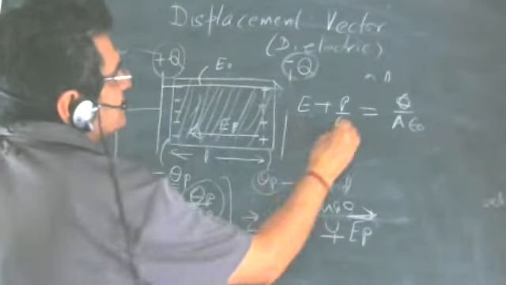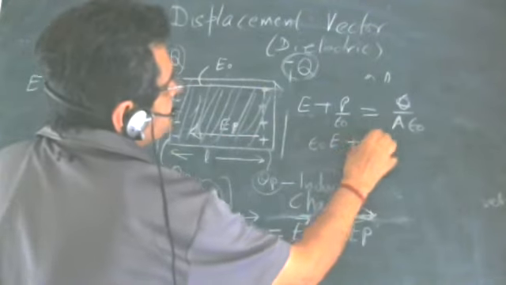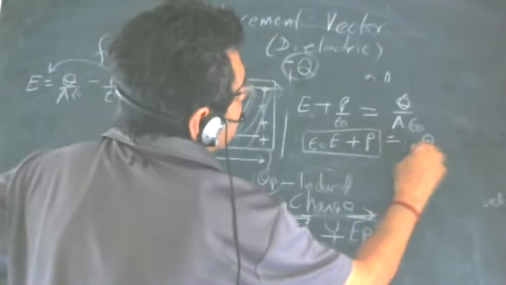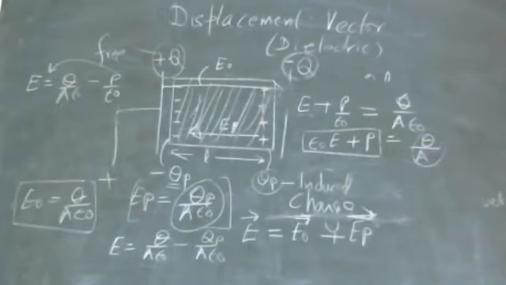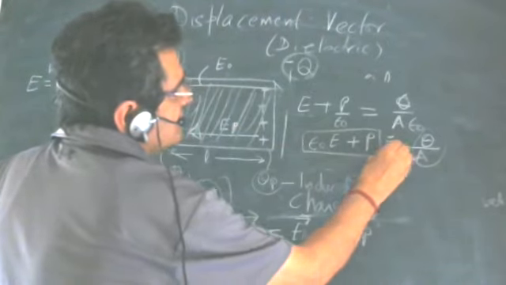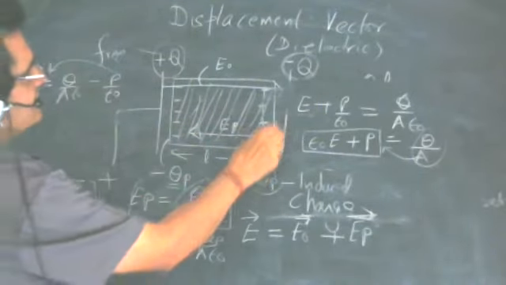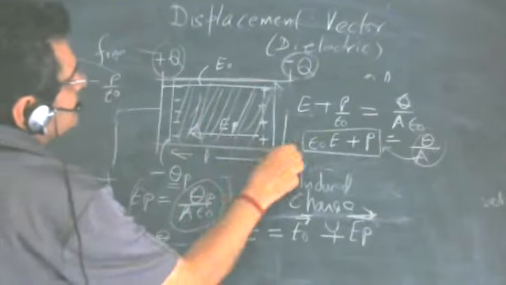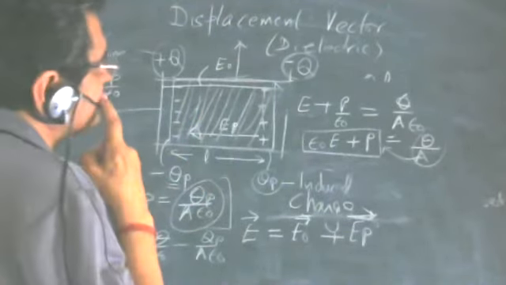You multiply this by epsilon0: epsilon0 E plus P is equal to Q upon A. If you multiply A on this side and take the combined full surface integral, this side is also getting covered, but since the area vector and electric field are perpendicular, that makes no contribution.